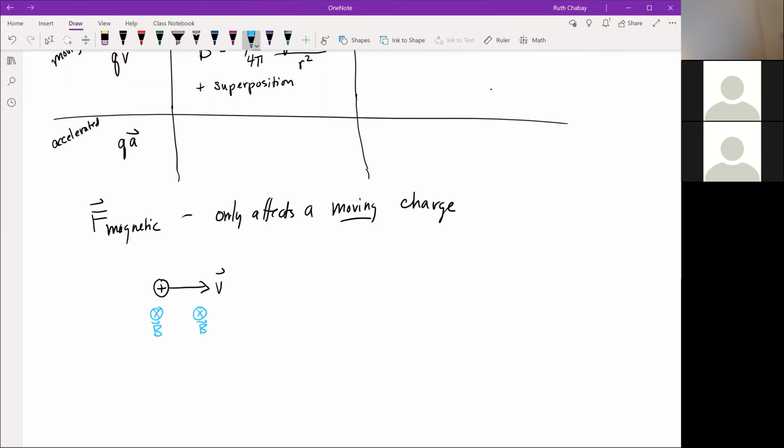We find that the magnetic force on this charge is perpendicular to both the velocity of the charge and to the magnetic field.